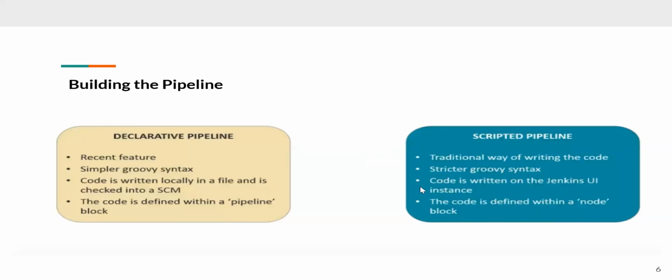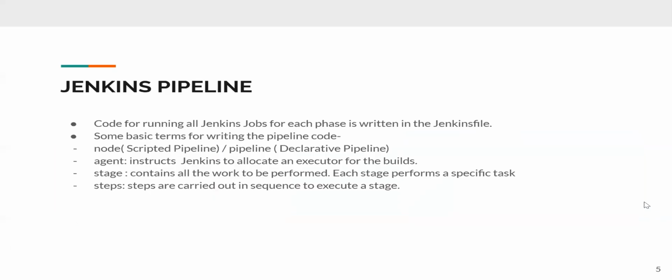The other way is to directly write the code in the Jenkins UI. This code begins with node. So these were the two ways in which we can build the Jenkins pipeline. We can now look at the common terms that are used. Like I mentioned before, the code starts with the pipeline block if you're building it locally, and on the other hand, it starts with node if you're building it directly in the Jenkins UI.